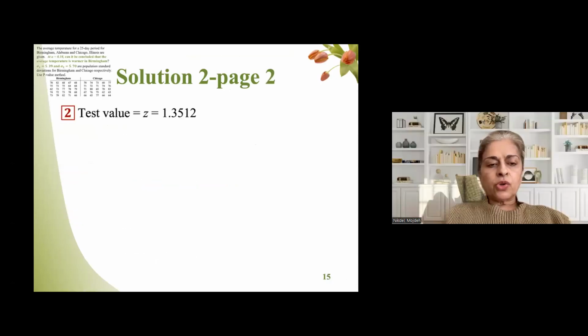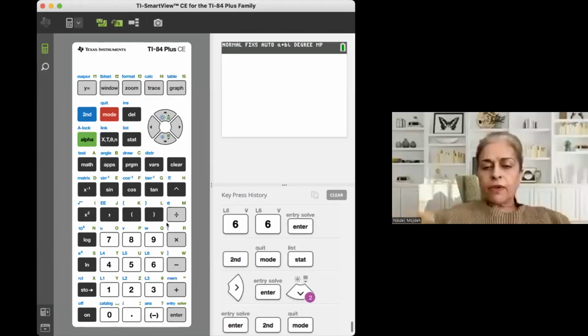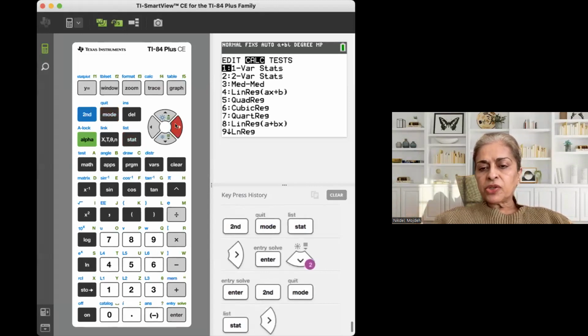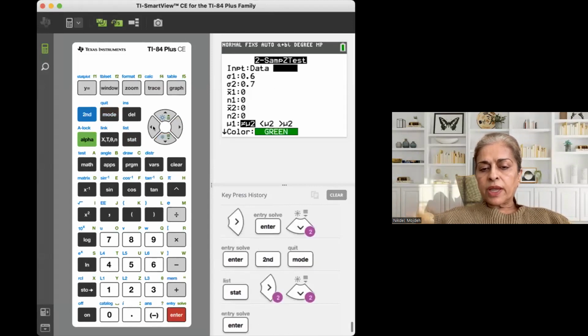Okay, let me go back again. Stop sharing. Let me go to my calculator. After I enter the information for list one and list two, I click stat, pick tests, and go to 2-SampZTest. This time I have data. I press enter.